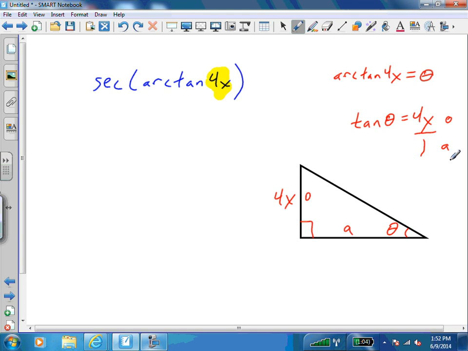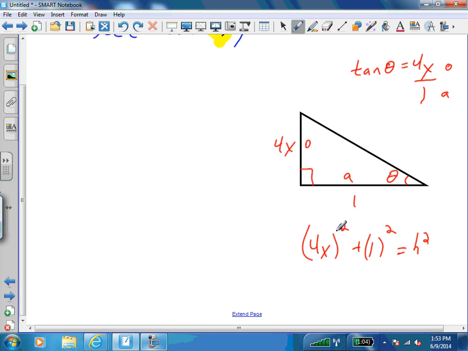Adjacent to theta, I could call 1. And I could find the third side of this triangle. Pythagorean theorem, side squared plus the other side squared equals our hypotenuse squared. So 16x squared plus 1 is our hypotenuse squared.